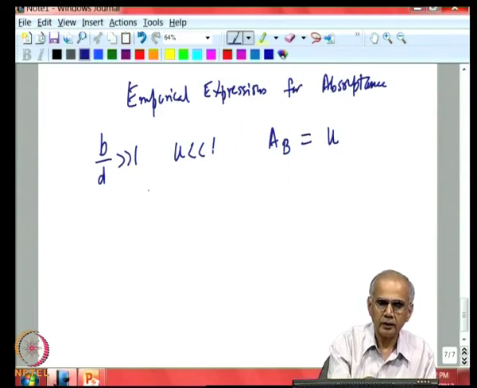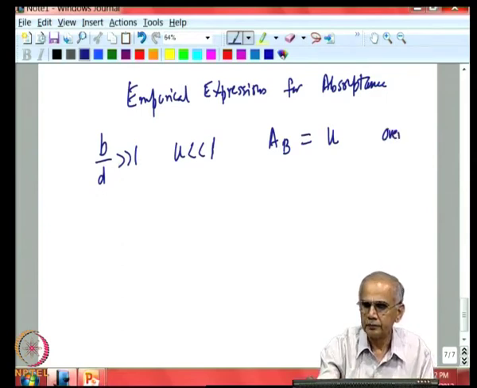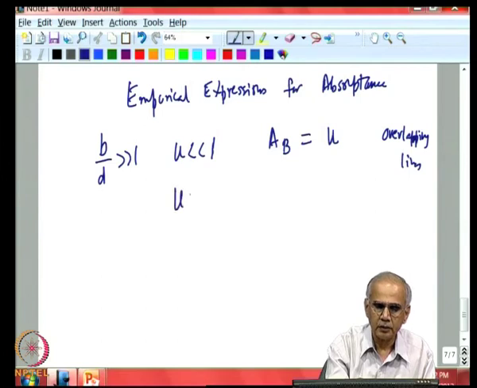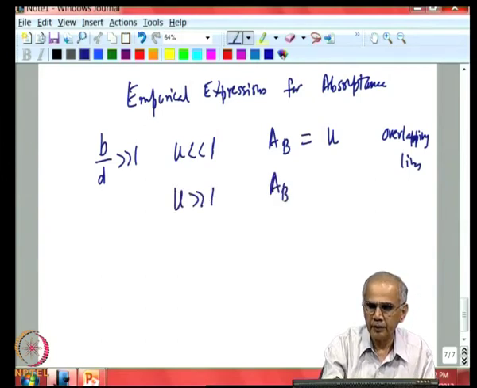On the other hand, if line width is much greater than line spacing, so there are overlapping lines, and the path length is much greater than 1, then A by B goes as log u.